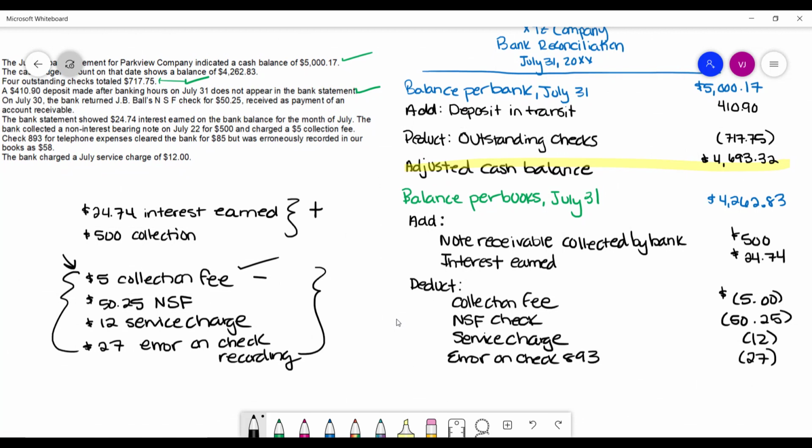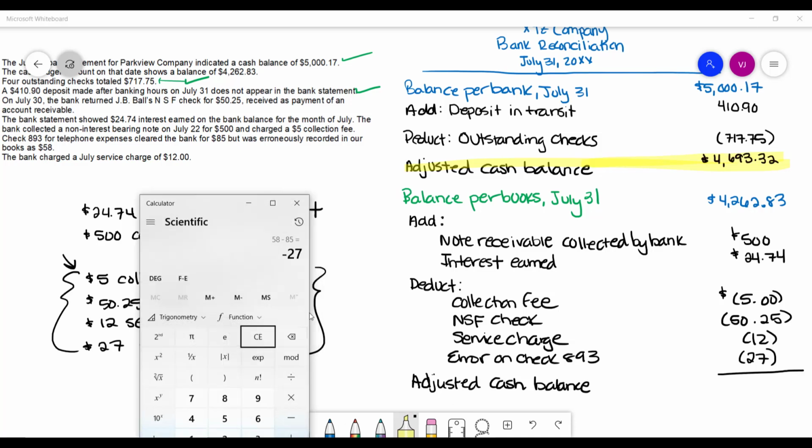All right, that looks to be all the adjustments needed. Now we can find the adjusted cash balance after we add and deduct all these things from the balance per the books. The goal is for this number to be the same as the adjusted cash balance when we made changes to the balance per the books.